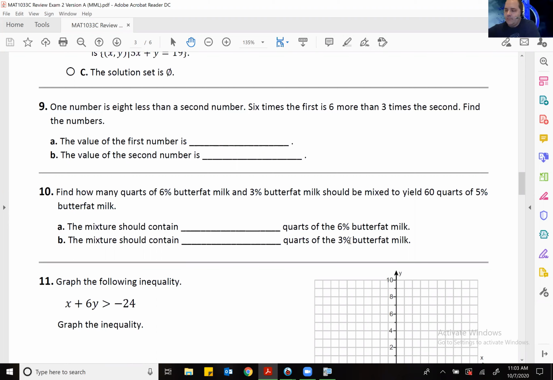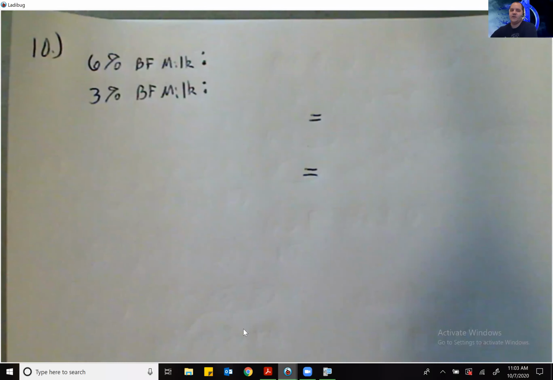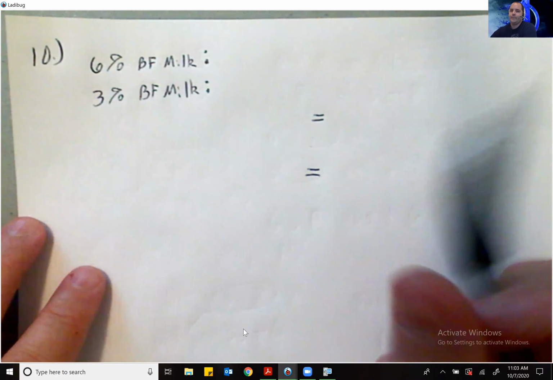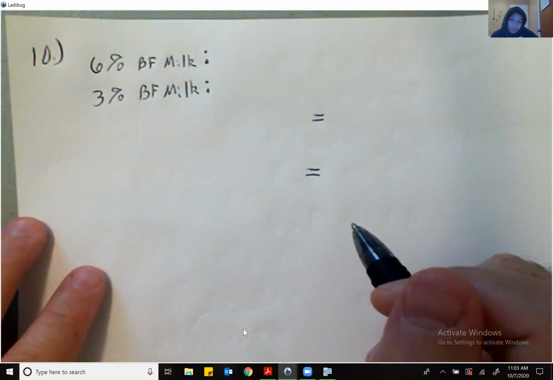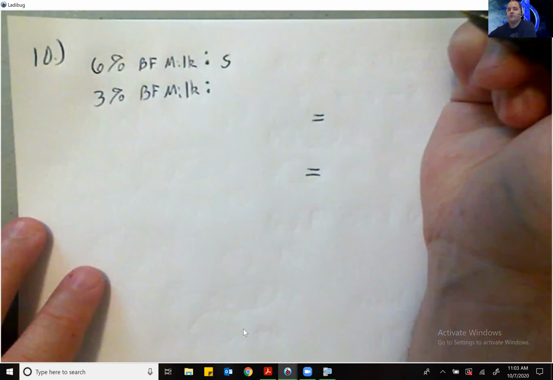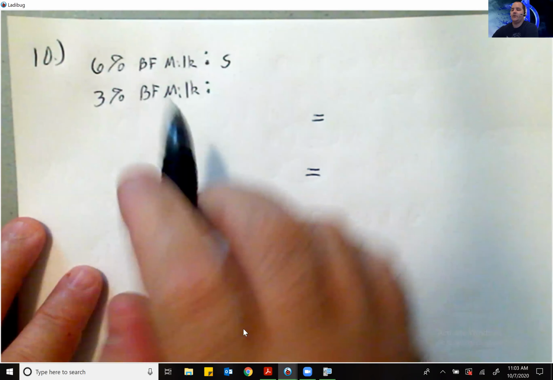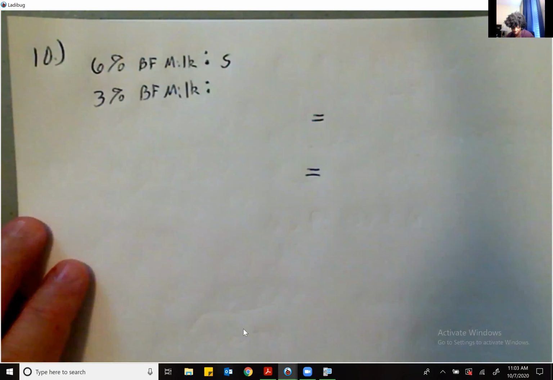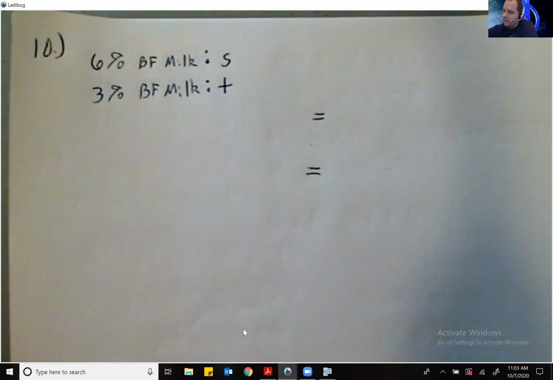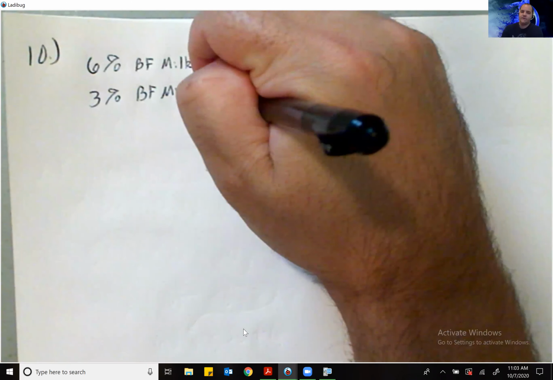Other than X and Y, because again, I like to be descriptive, what variable do you think we should assign 6% butterfat milk? S for 6. What should we assign the 3% butterfat milk? T for 3. Very good variables. Put a little tail on that so we know it's a T.